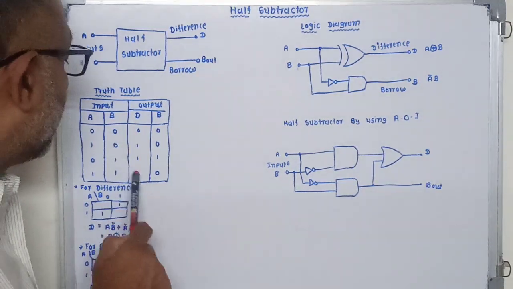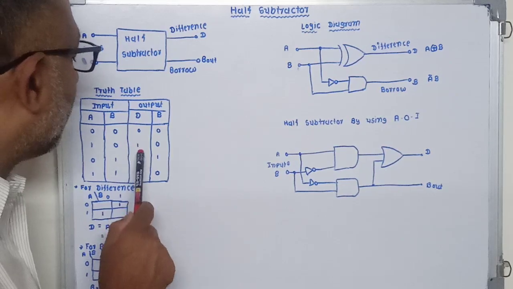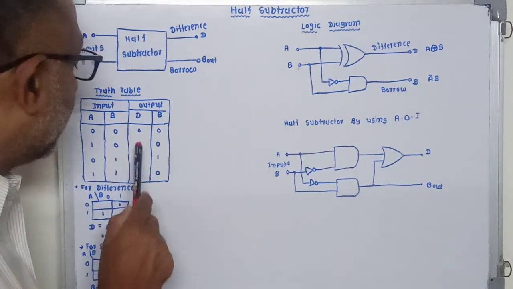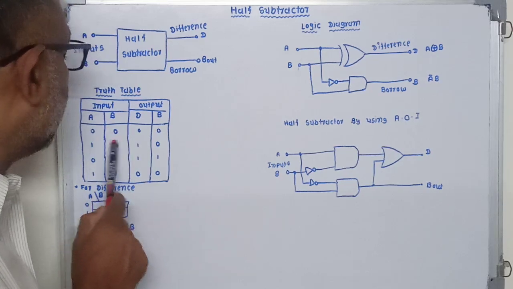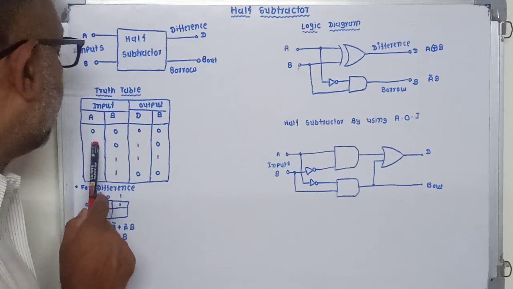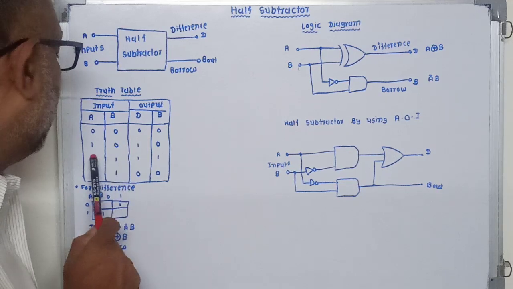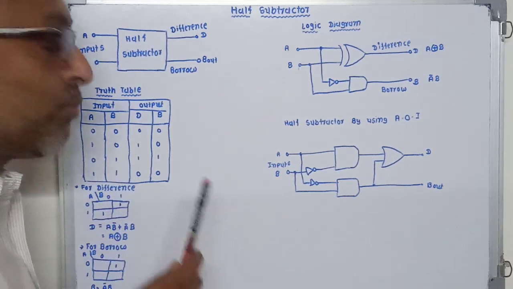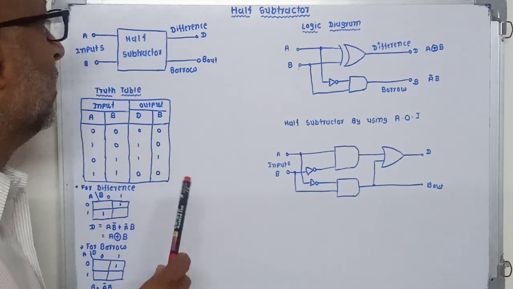Now for this difference, you can see that the difference D is available as logic 1 only in some cases. When does it happen? When A is 1 and B is 0, and similarly when A is 0 and B is 1, at that time we will get 1 output.